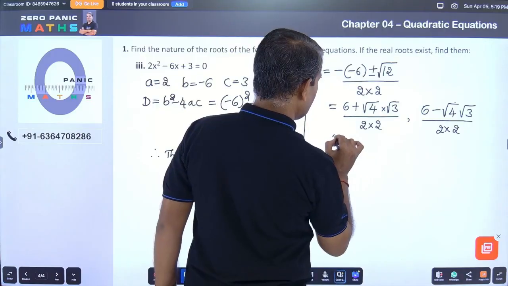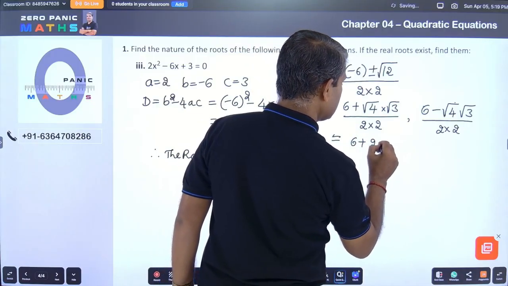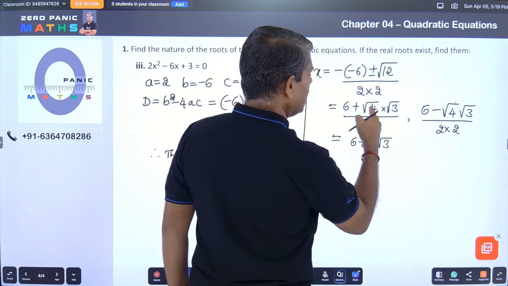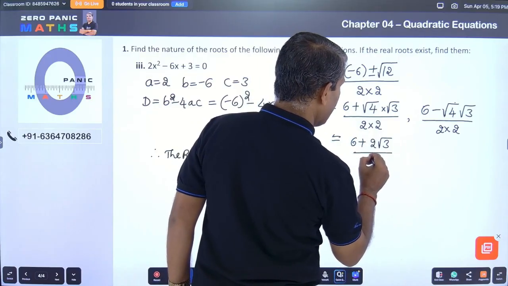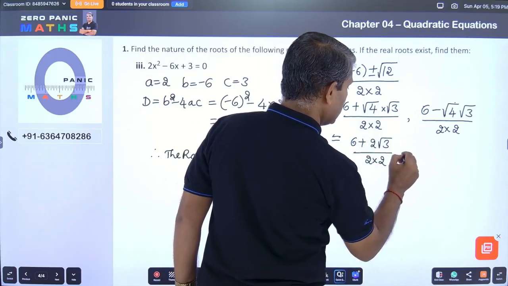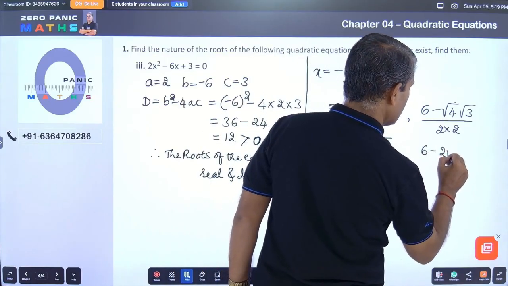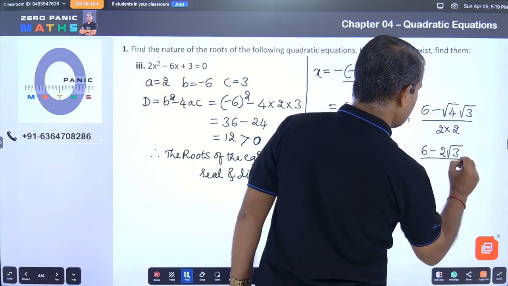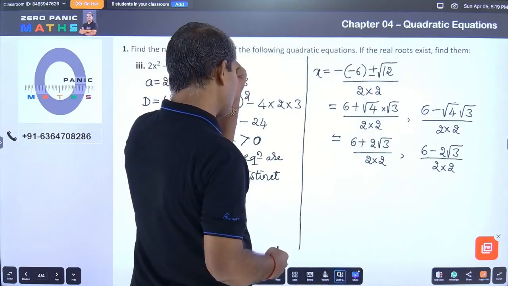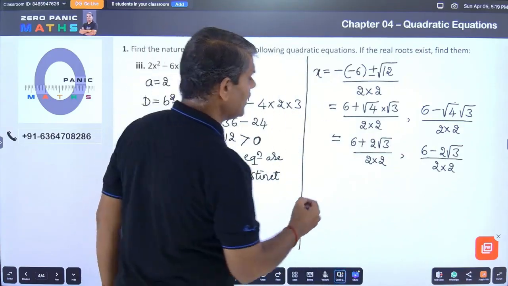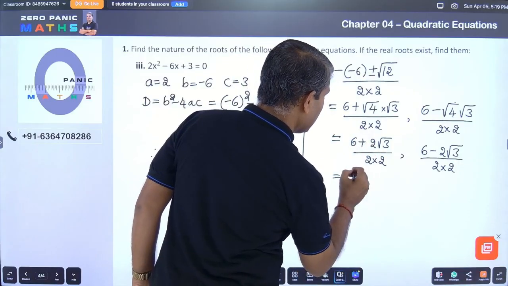So actually what I'm trying to do here is I'm doing this as a square root of 4. I'm writing it as 2 and divided by 2 into 2. So this also I'm writing as 2 square root of 3 divided by 2 into 2. You can make it 4 also. Later you can cancel that with the other values. So out of this I can take 2 out.